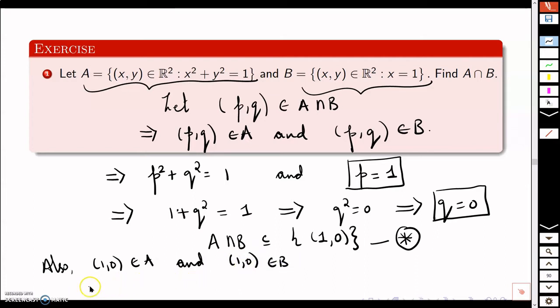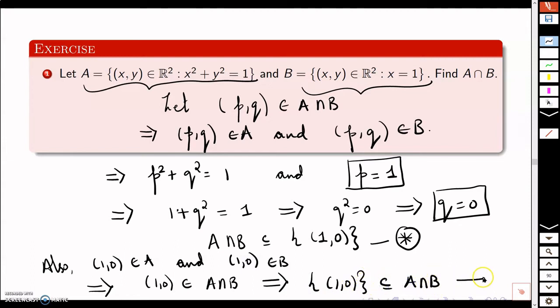So this implies (1, 0) is in their intersection. That means every element from this set is in the intersection, so the set having one element (1, 0) is also a subset of A intersection B. And I'll name this double star.